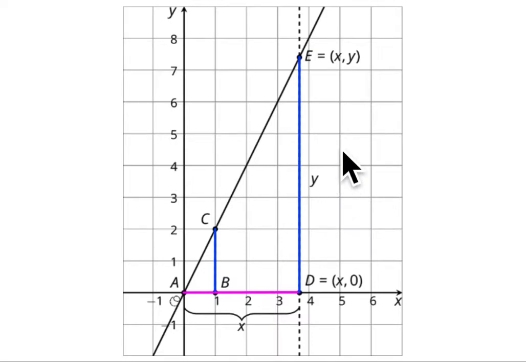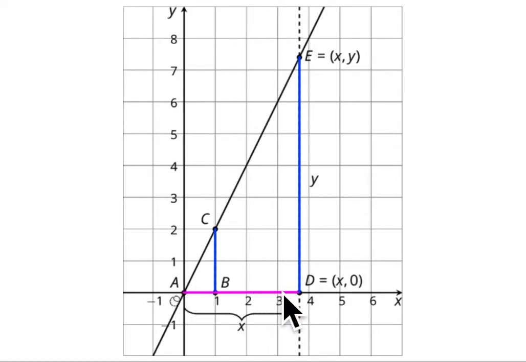In the second triangle, which is a similar triangle, because the line goes through 0, the length along the x-axis is the x value. So the x value is about 4, and the y value is about 7.5, estimating.